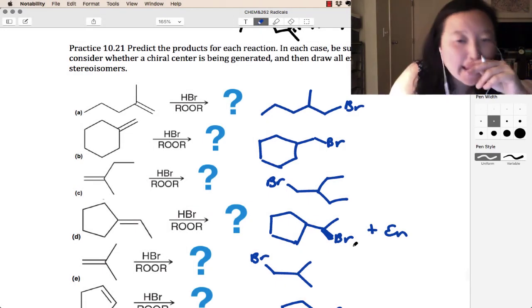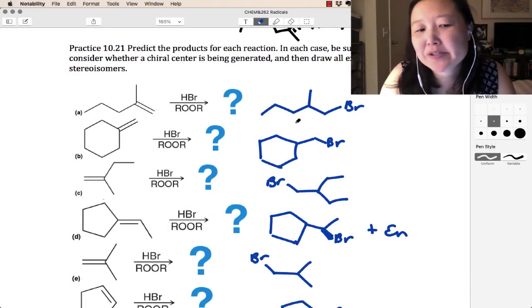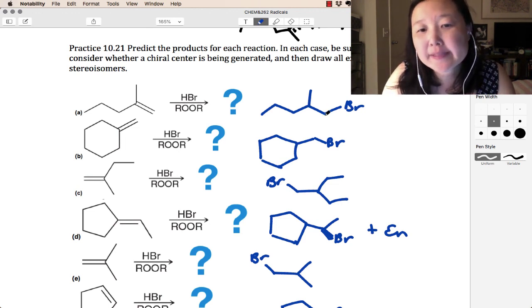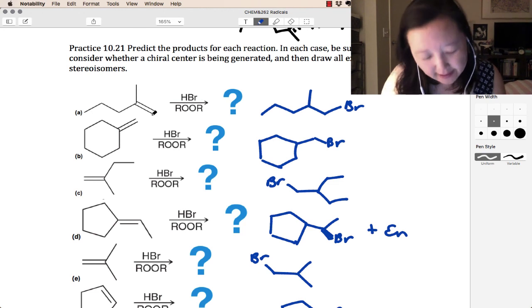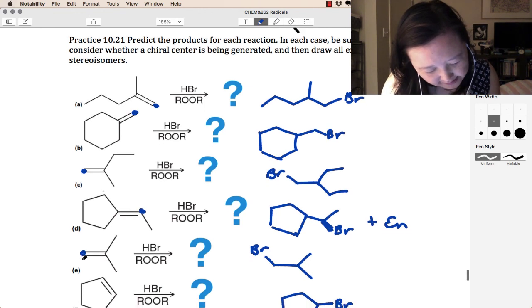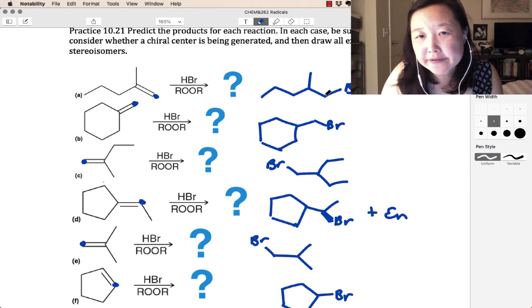Okay guys, we're back, and you just mainly want to think about stereochemistry as well. So first, all of these are anti-Markovnikov. So you put the Br on the less substituted carbon, so this one, and this one, and this one, that one. And then you want to see, does that result in something chiral? So here there's two hydrogens, so that's not chiral.